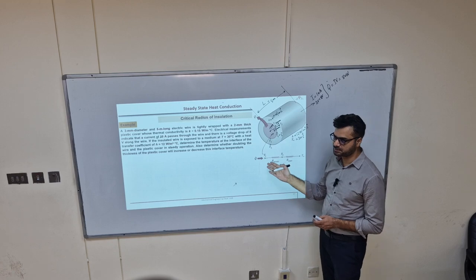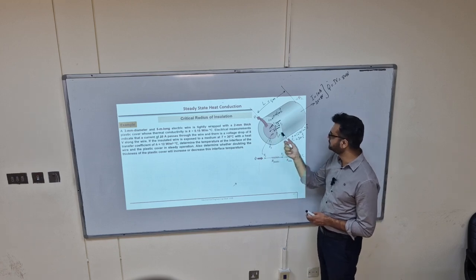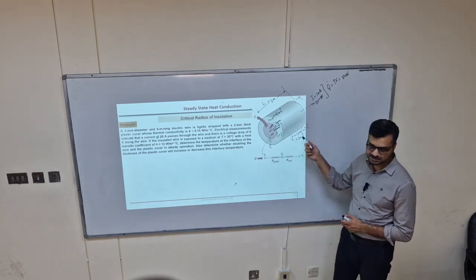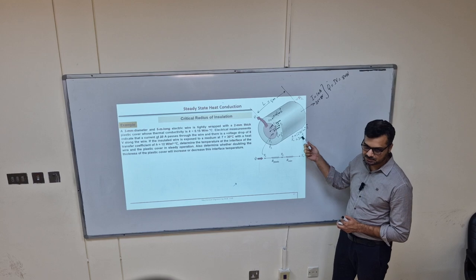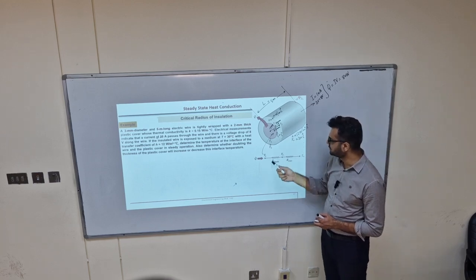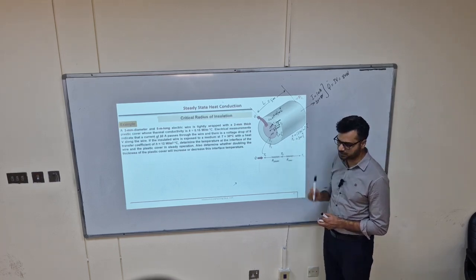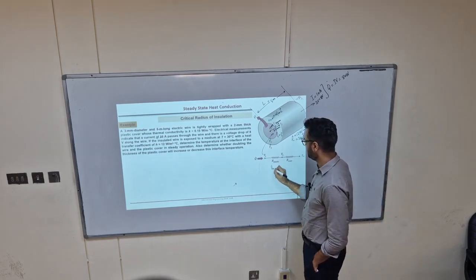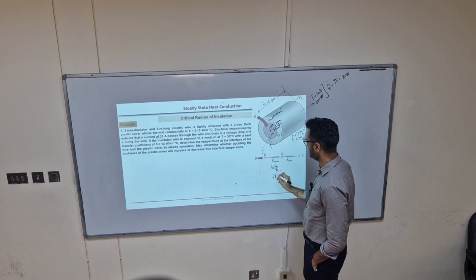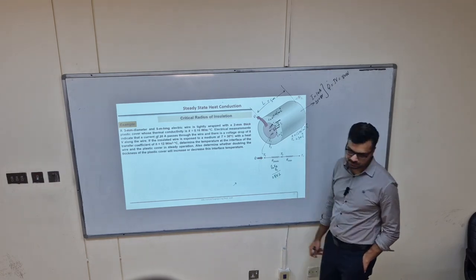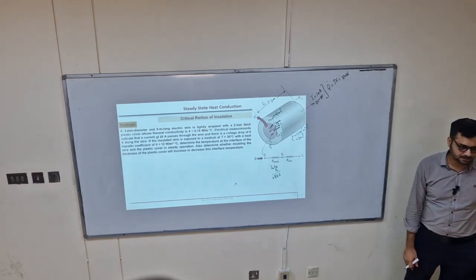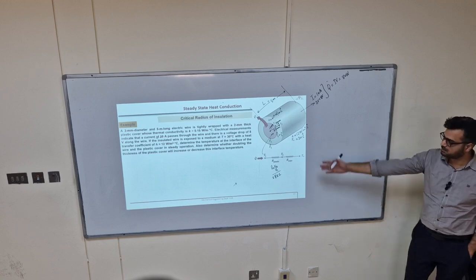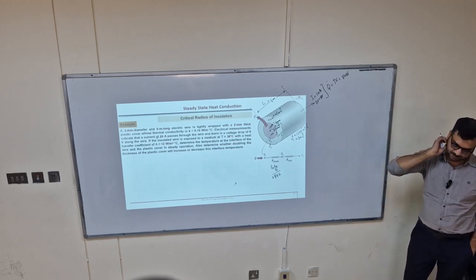Thermal resistance network is already shown here from T1 to T infinity. How many resistances? Yes, first is conductive, second is convective. So we already know the conductive one: log of R2 over R1, over 2 pi K L. If you practice these questions, you will memorize these formulas.